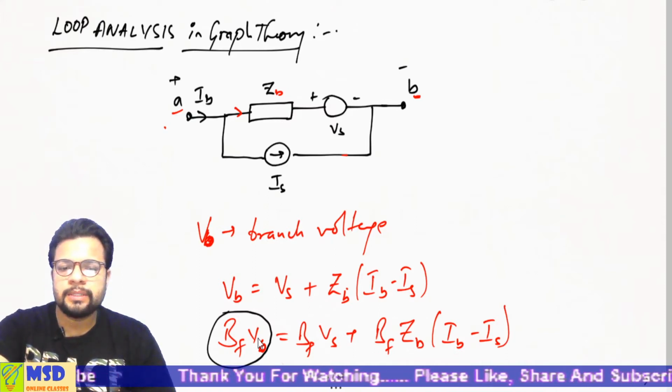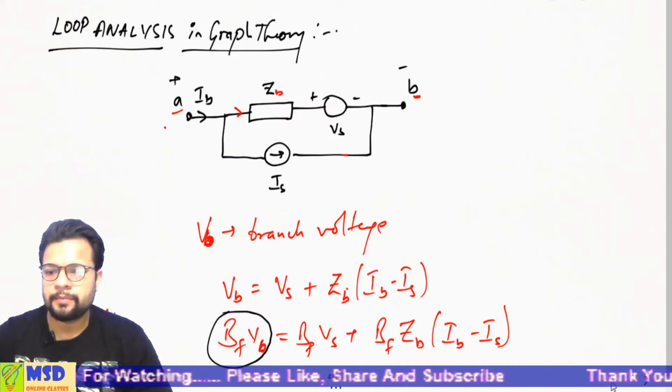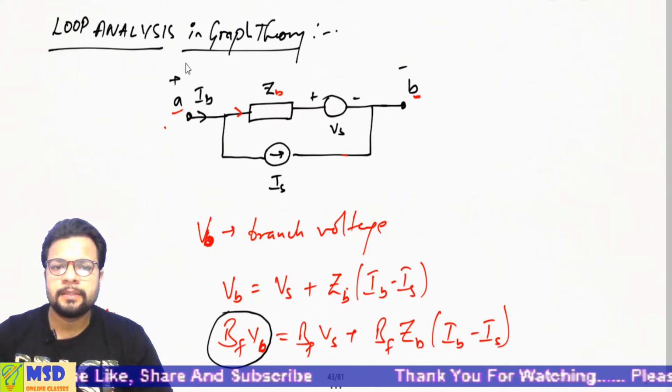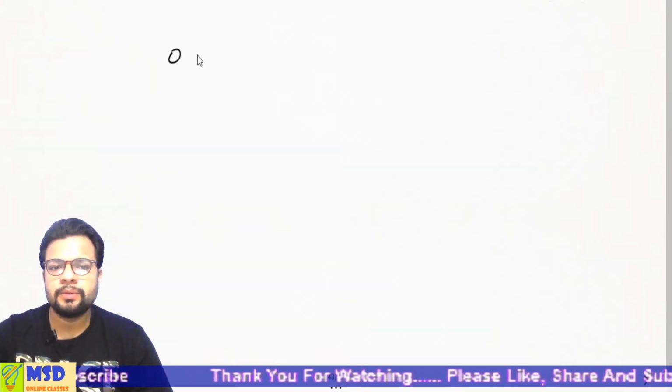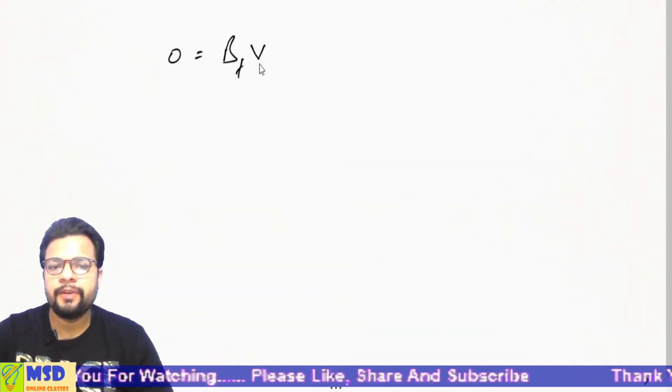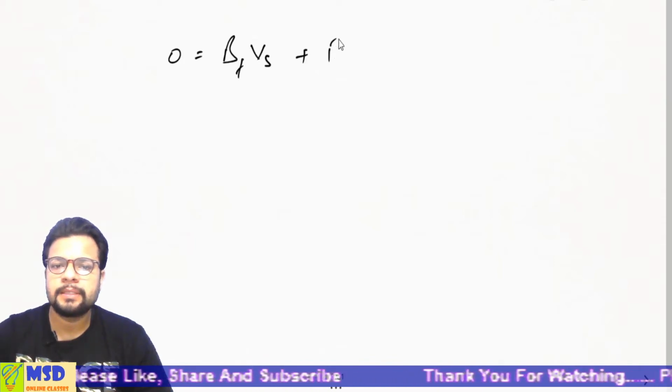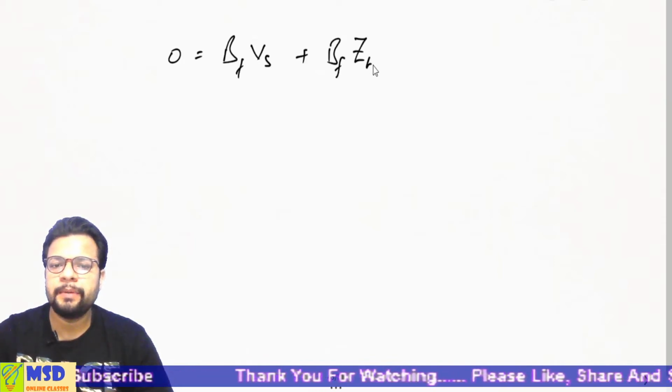So now my equation becomes 0 is equals to BF into Vs plus BF into ZB (IB minus Is).